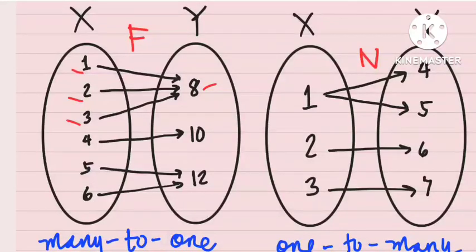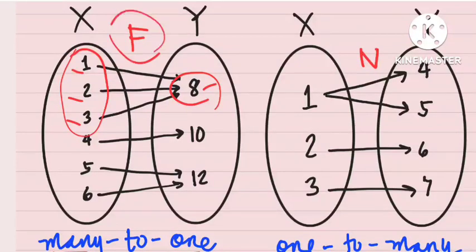And because of that, we will say that many elements here are mapped to only one element in the range. That makes it a many-to-one correspondence. And still, this is a function.